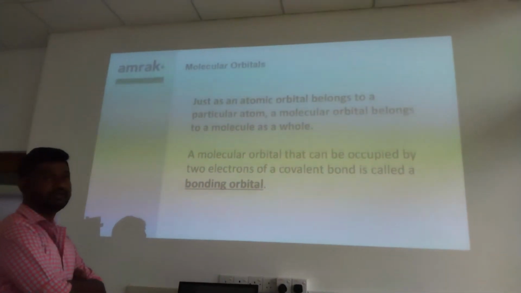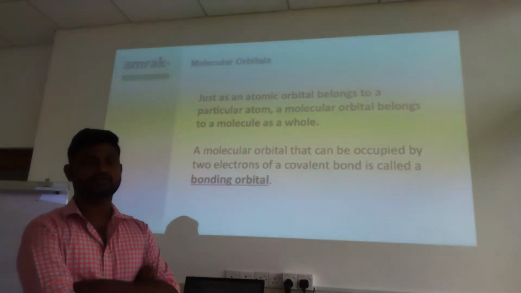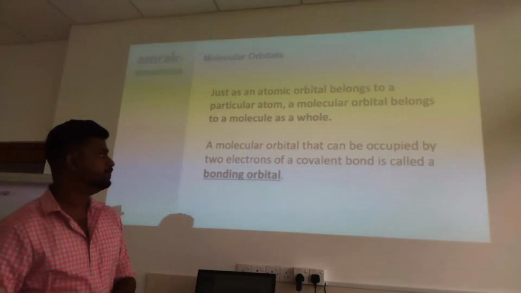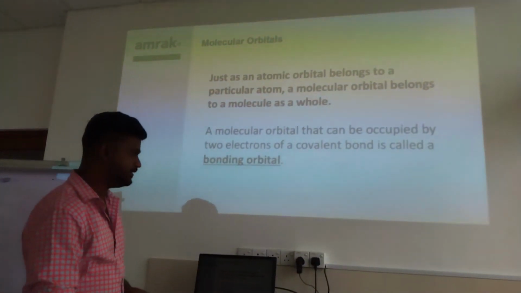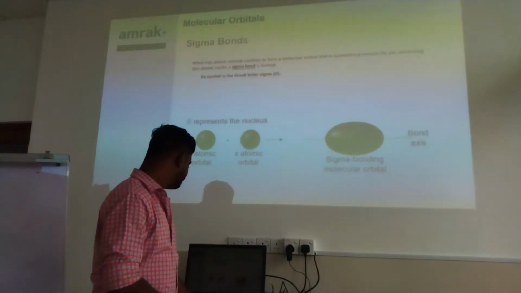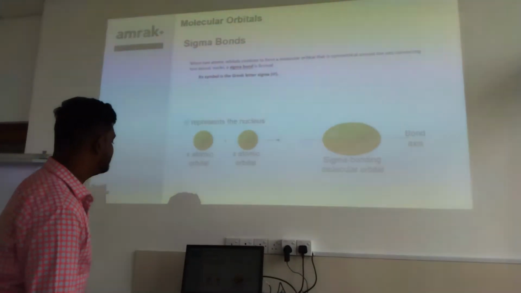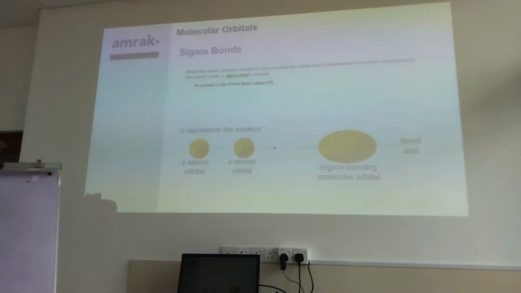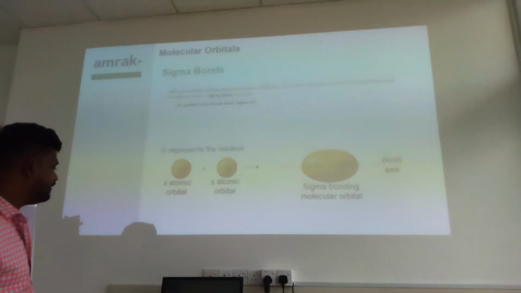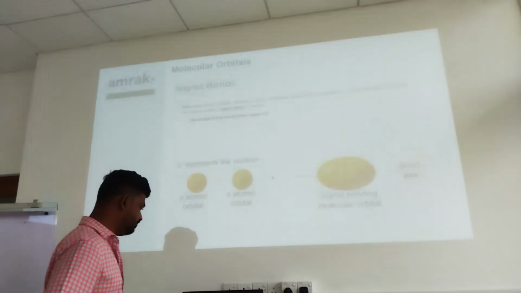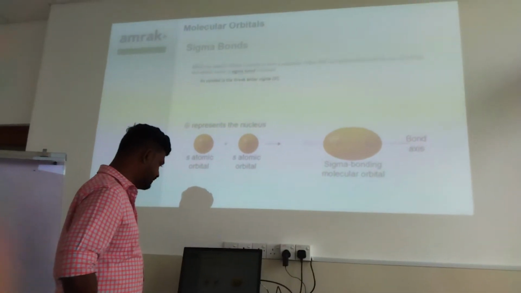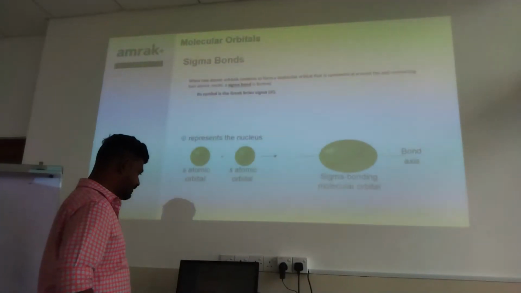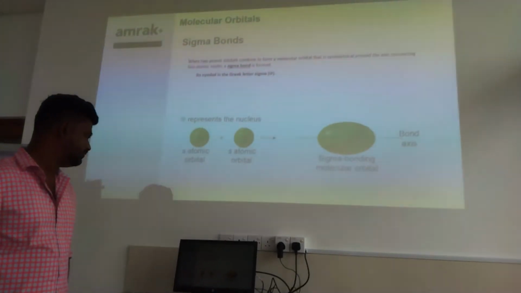So when they are combined with a covalent bond, they are bonding orbitals. Okay, so sigma bond: when two atomic orbitals combine to form a molecular orbital that is symmetrical around the axis connecting two atomic nuclei, it is a sigma bond. The symbol of sigma bond is this.